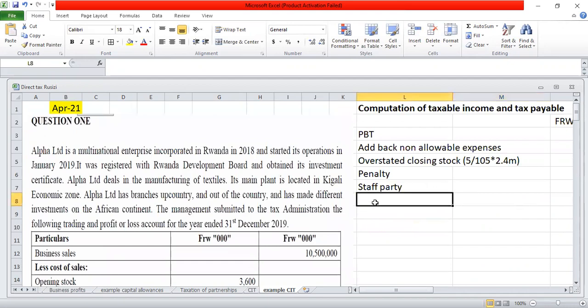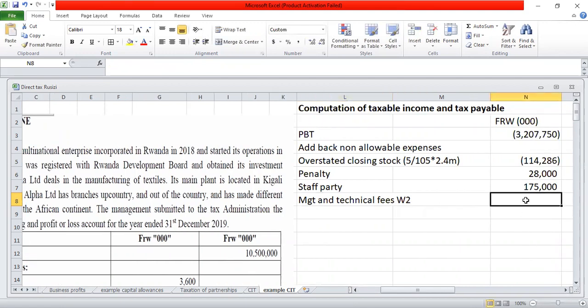So management and the technical fees, working number 2 is 298,450.